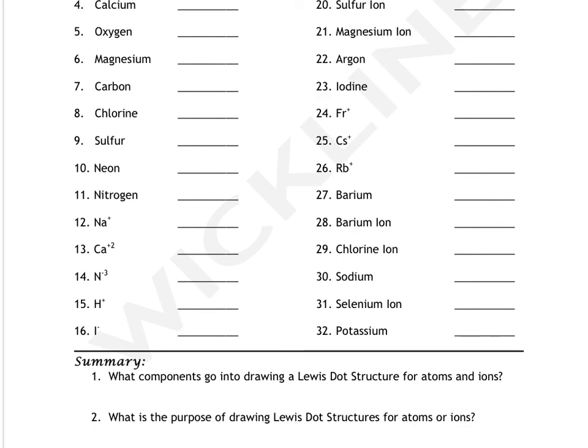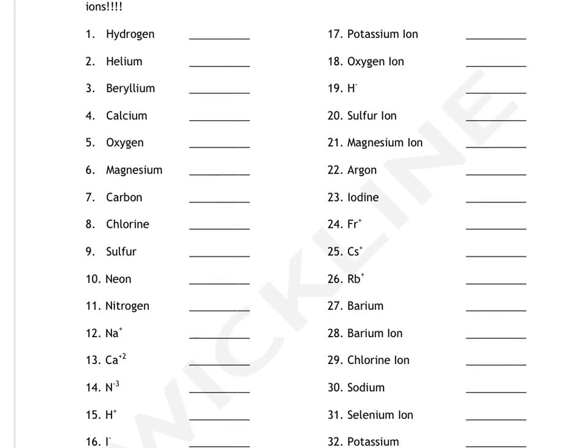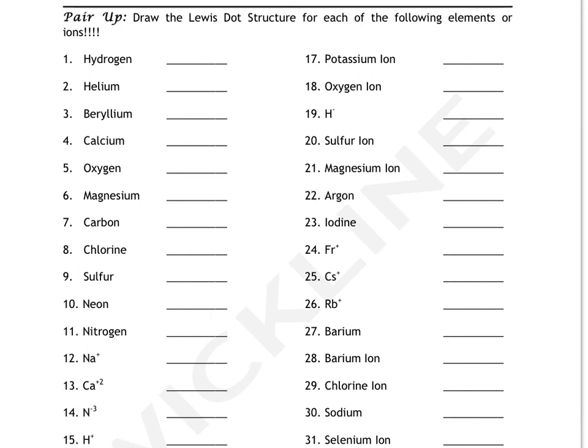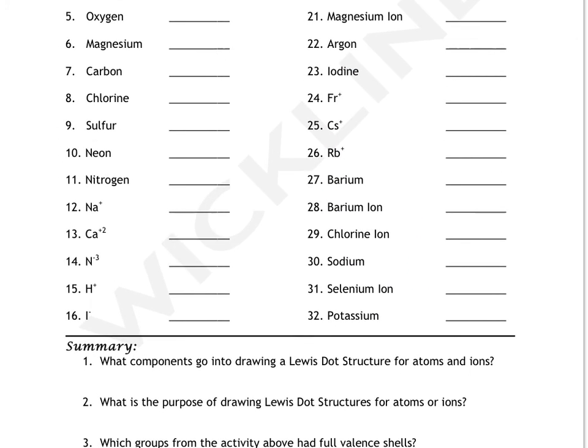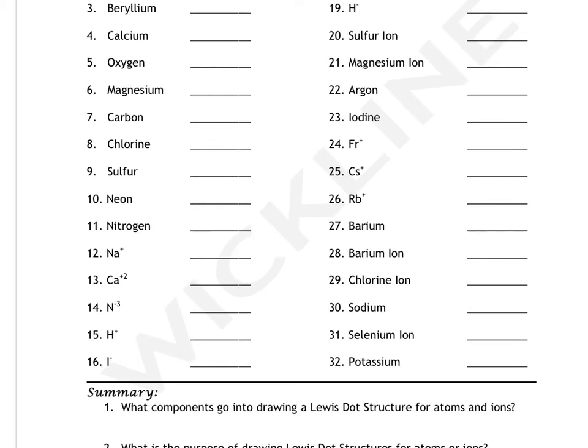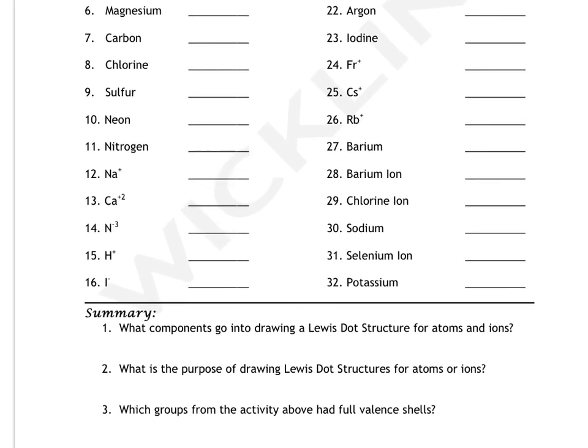So we go from atoms to ions, and then I have more ions up here at the top. Ions, and then I have some noble gases. I have a noble gas. And some more ions and some more elements, and then it just gets all mixed up. So what you're going to do is you're going to make a dot structure for each one of those.